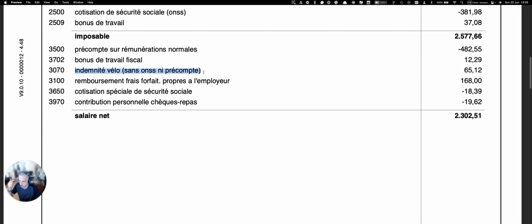So it's a question of number of kilometers between home and work, and it's also a question of how many days a week this person is going to the office. Because if she's working from home, she's not getting the bike benefit. The bike benefit is really a representation of how many kilometers a week or a month, for this case, you are biking.